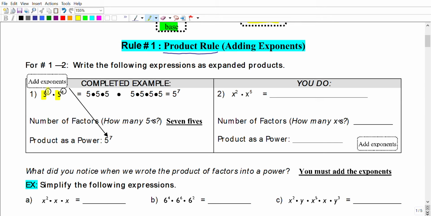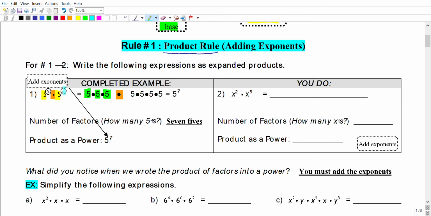This first one says 5 to the third power, meaning I have 3 5s that I'm multiplying. And once again, we are doing times here, so let me highlight this, times another set of 5s, which in this case is 4 5s.